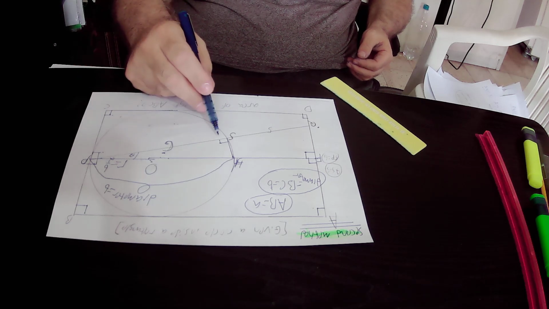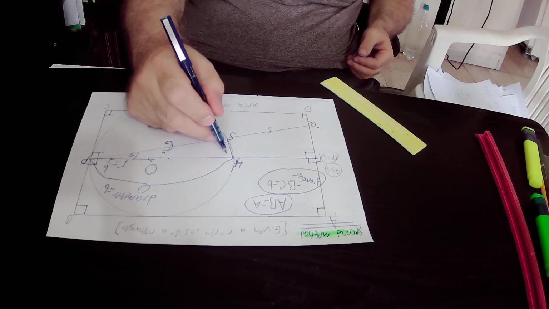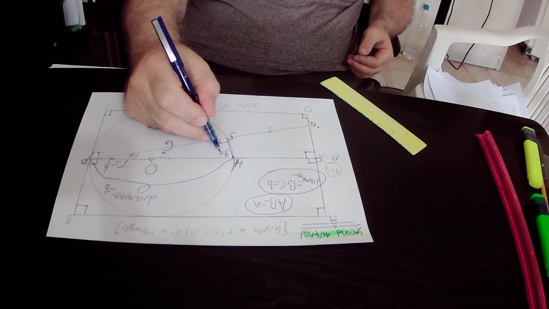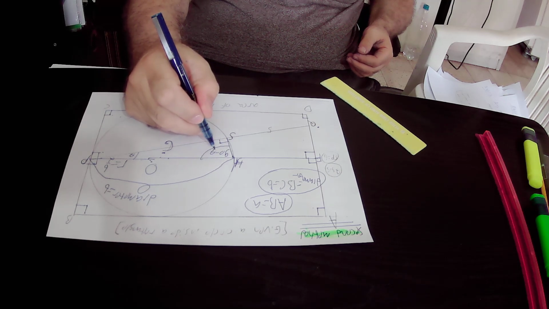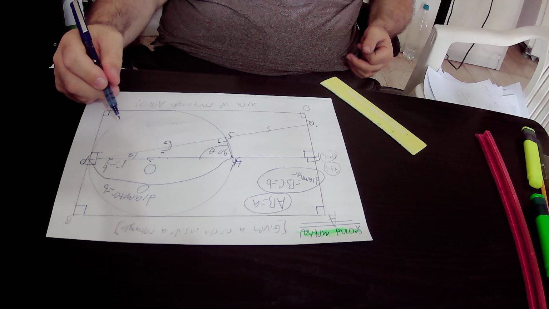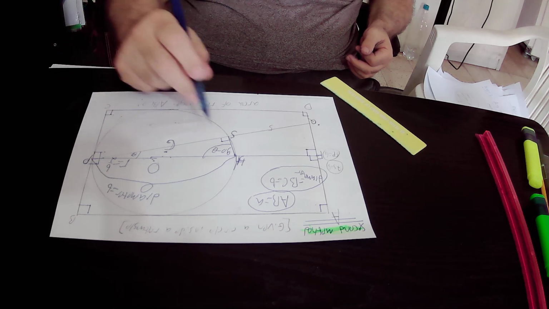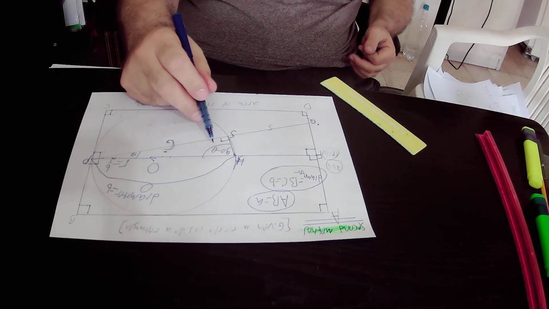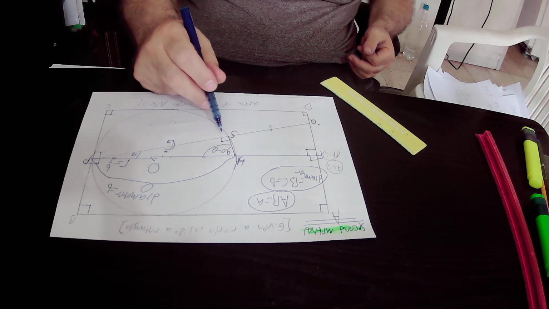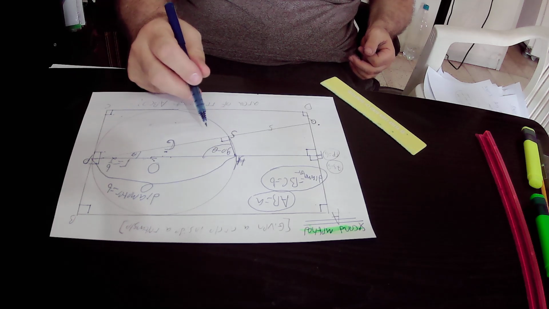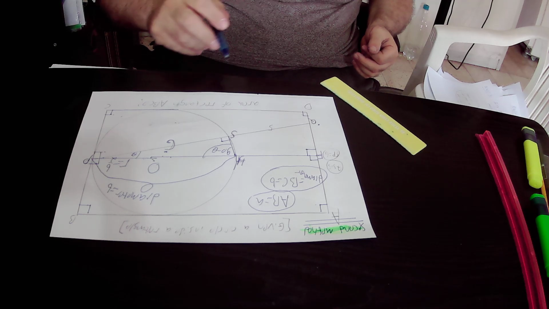This angle equals 90 degrees, therefore this angle must be equal to 90 degrees minus theta in order to complete the sum of the angles in this triangle HSP to 180 degrees. Why? Because 90 degrees minus theta plus theta is 90 degrees, and 90 degrees plus 90 degrees is 180 degrees. That is the sum of the angles in any triangle.